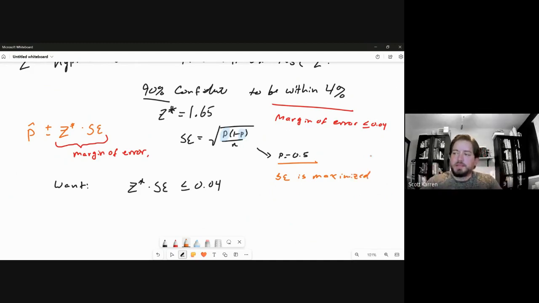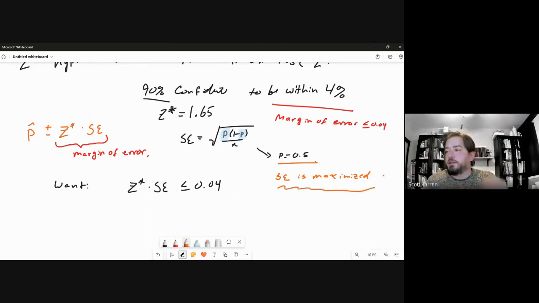The absolute biggest error you can have is when your probability is 0.5, which makes sense because if the probability is 0, then 0 times anything is 0. If you're at 100%, that 1 minus p is 0, and you get 0 again. And then in the middle, you have this bump, right? And so this is the key to that problem.